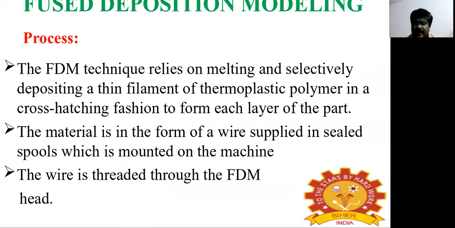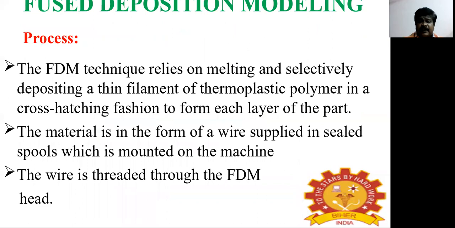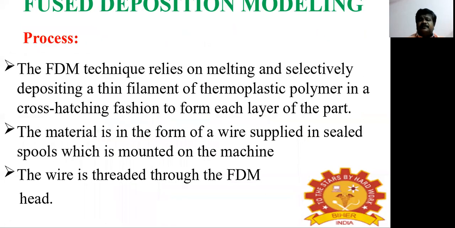For forming each layer of our part, the material will be supplied in the form of wire, in sealed spools, as you can see in the figure. The build material spool and the support material spool: the material will be in the form of wires, supplied in sealed spools as we have seen in the figure on the previous slide.